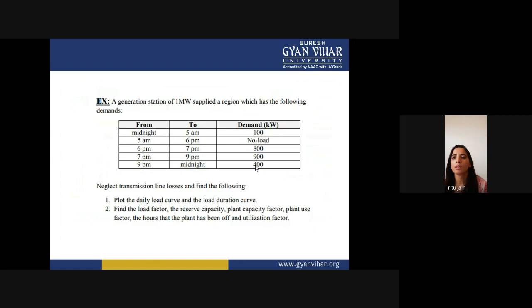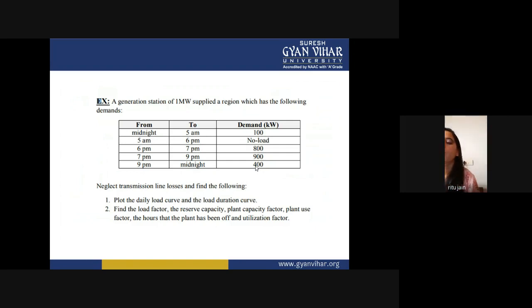From midnight to 5 a.m., it has 100 kilowatt, 5 a.m. to 6 p.m., it has no load, 6 p.m. to 7 p.m. for 1 hour, it is 800 kilowatt, and 7 p.m. to 9 p.m. for 2 hours, it is taking 900 kilowatt, and 9 p.m. to midnight, the load is 400 kilowatt. So neglect transmission line losses and find the following.